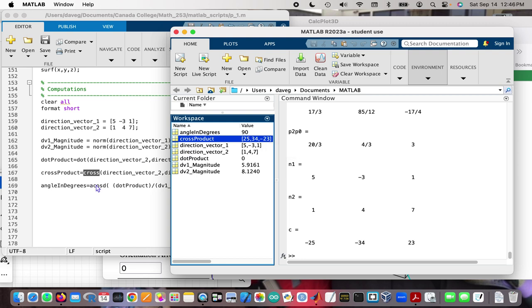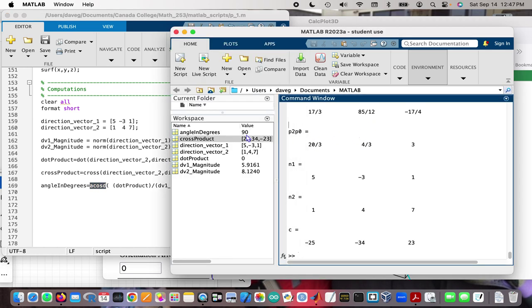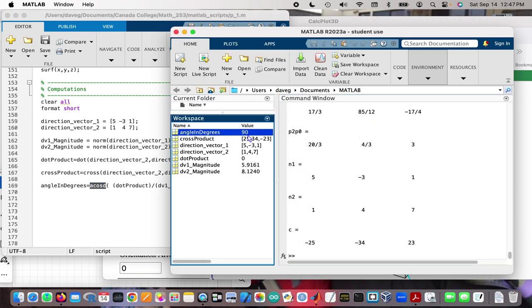And finally, MATLAB has an acosd function, inverse cosine in degrees, in this case returning the inverse cosine of an expression that is the dot product of the two direction vectors divided by the product of the magnitudes of the two vectors. In this case, that result is 90 degrees, further proving that the two planes intersect at 90 degrees.